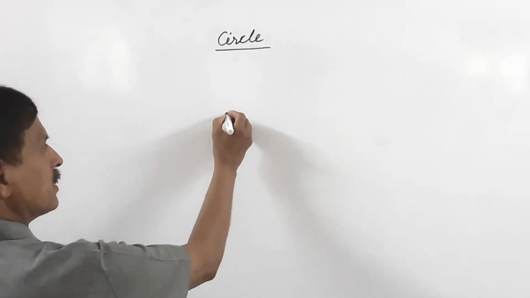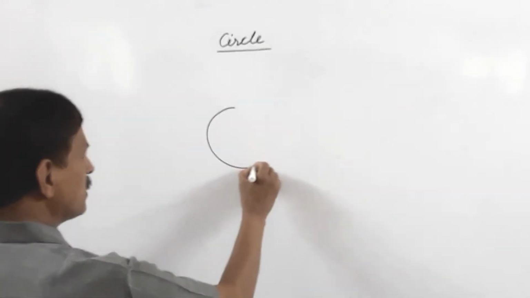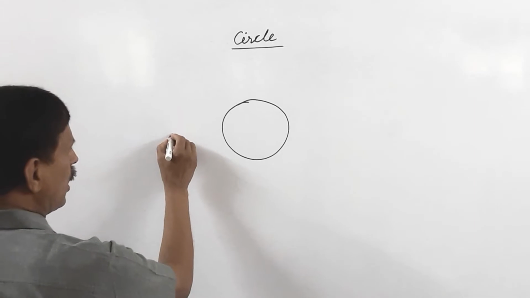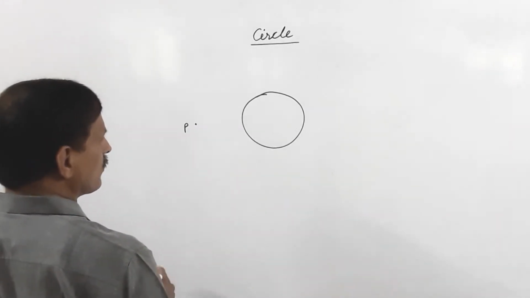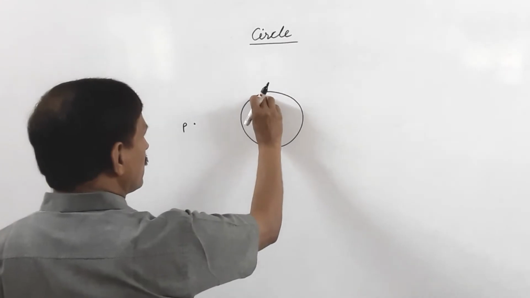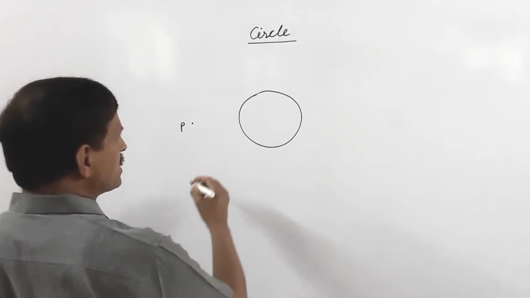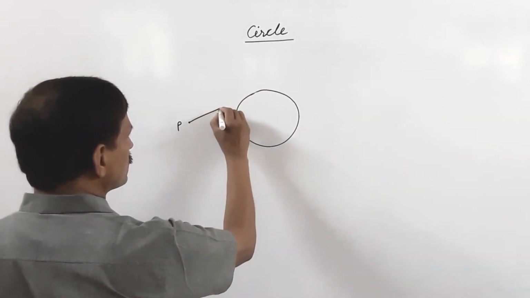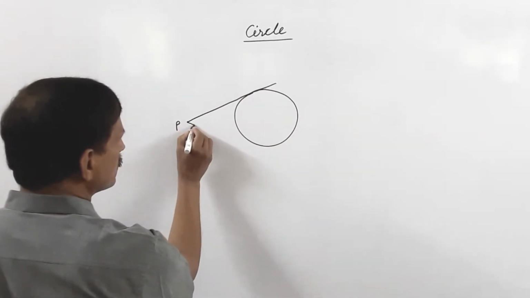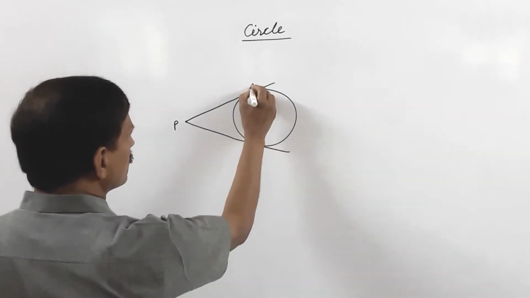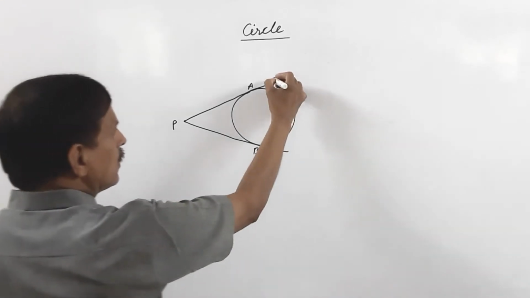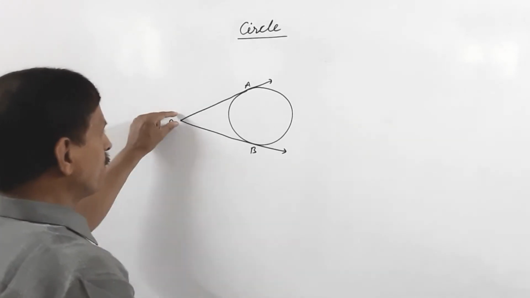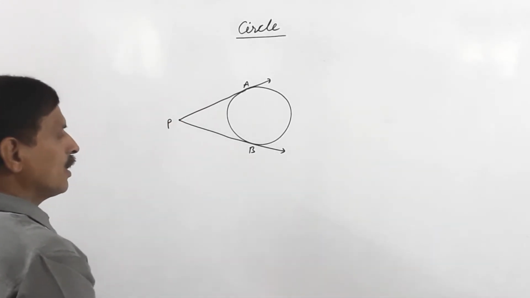Now suppose there is a circle and there is a point lying outside the circle, P. Then two tangent segments may be drawn from this point to this circle. So PA and PB are the two tangents drawn from the exterior point to the circle.